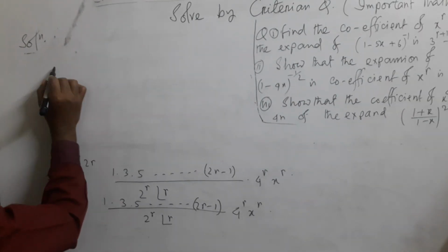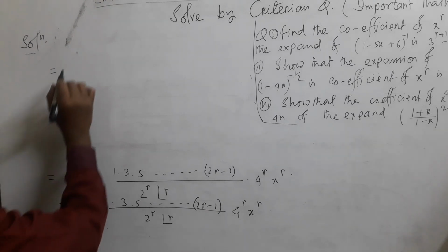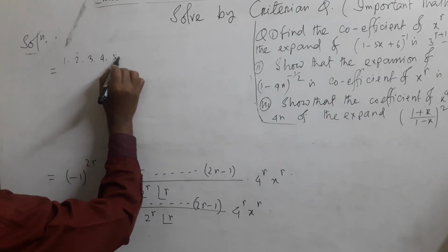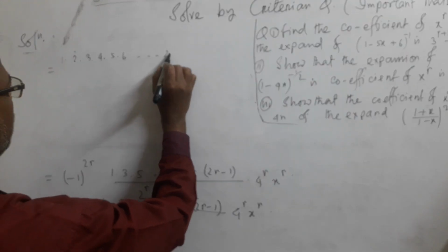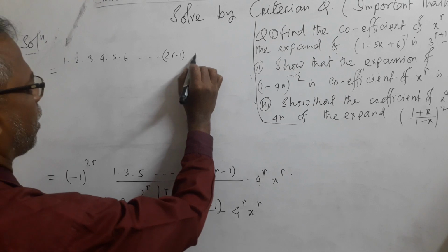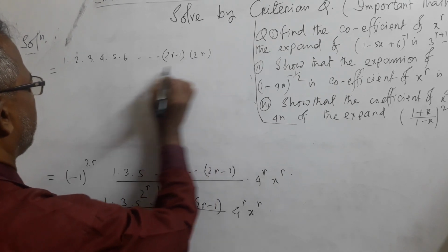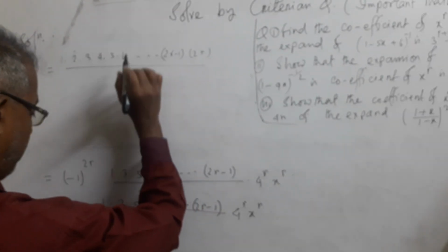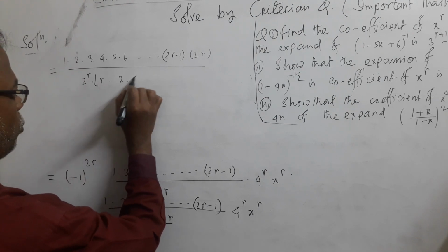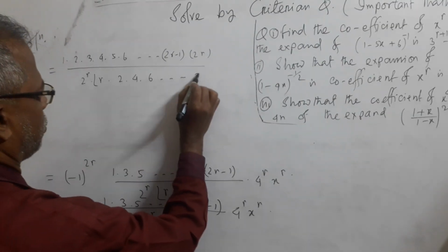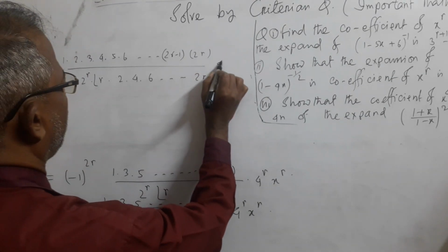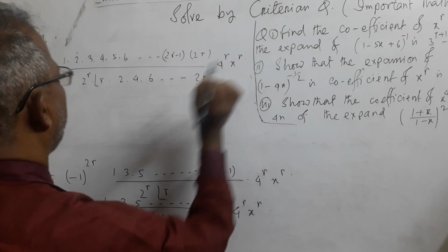So that equals 1 2 3 4 5 6 up to (2r minus 1) into 2r, divided by 2 to the power 2r factorial r into 2 4 6 up to 2r, into 4 to the power r x to the power r.